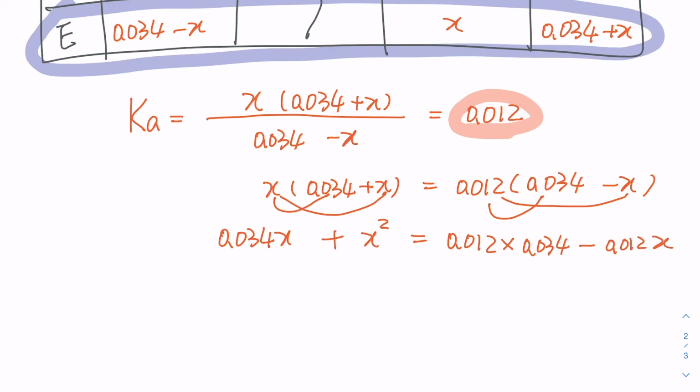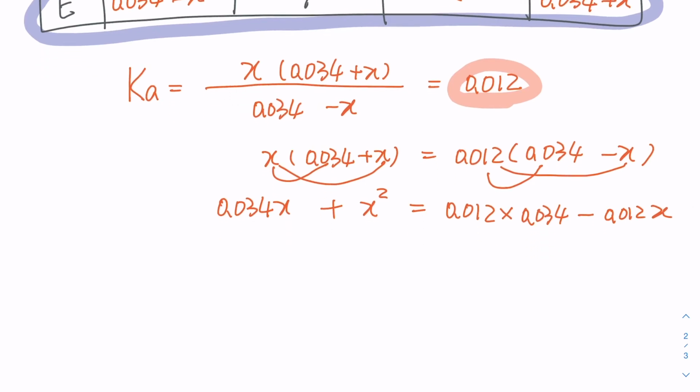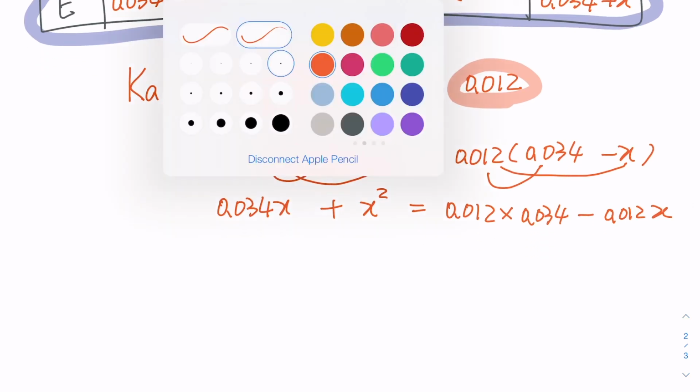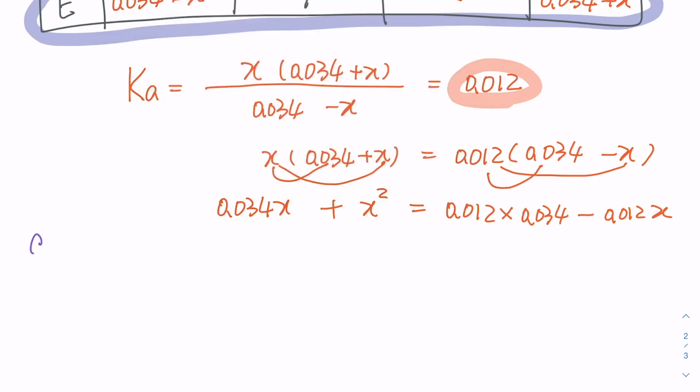Now I'm going to put all of this on one side and make it equal to 0, so I can get to the generic expression, ax squared plus bx plus c equals 0. Then I can use the quadratic equation.